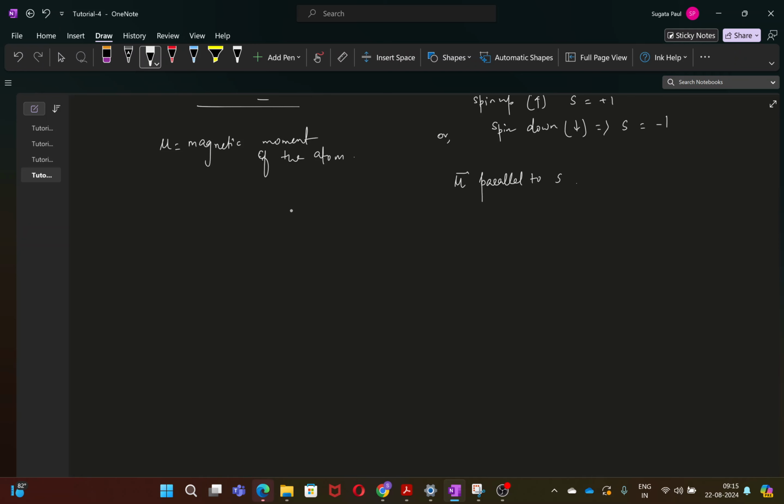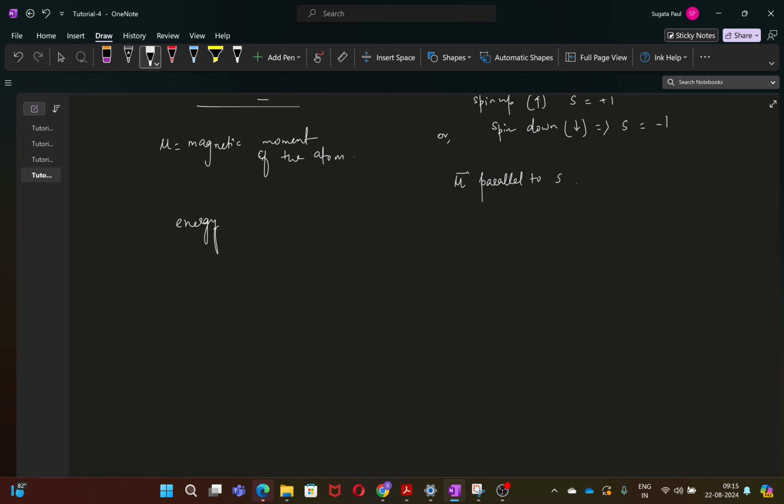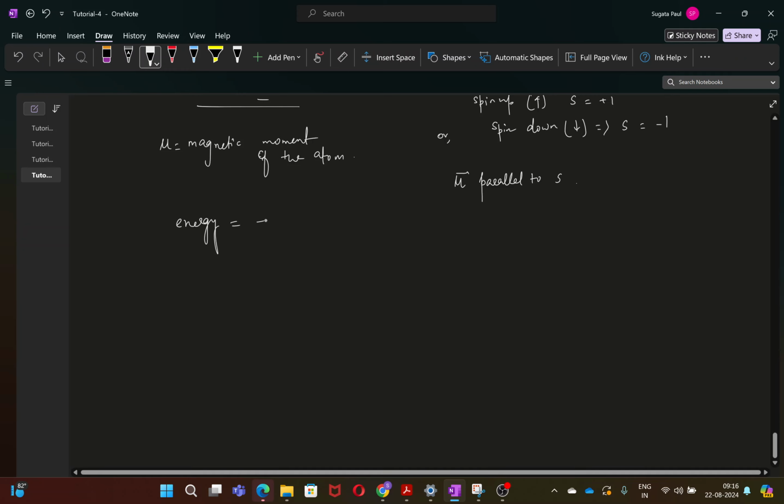Now you know that the energy of such an atom which has a magnetic moment of mu, and is sitting in an external field of Hm, will be written as minus mu dot Hm. So these are vector signs, and this is the dot product between the magnetic moment vector and the external field direction vector, and there is a negative sign with that.